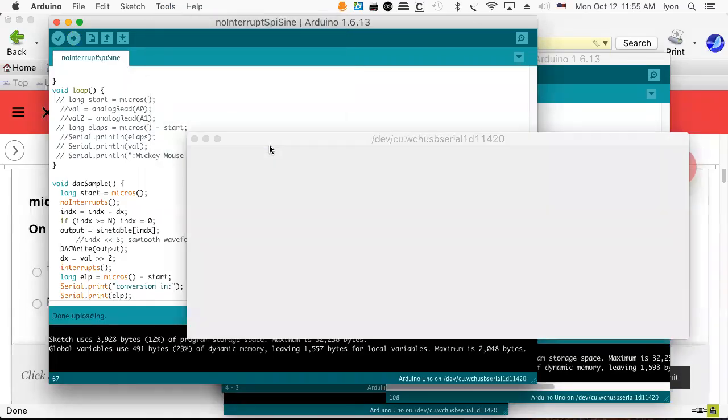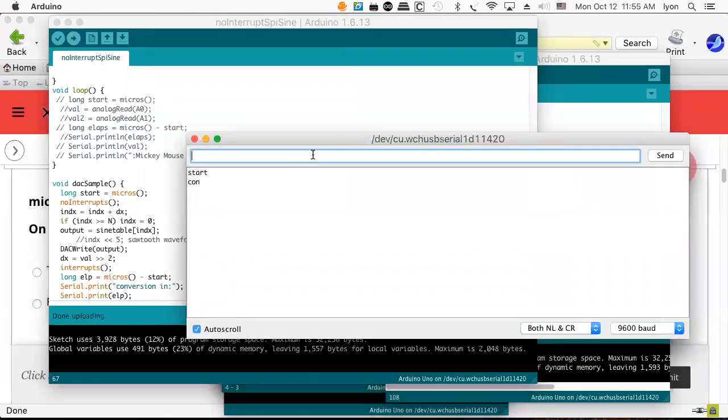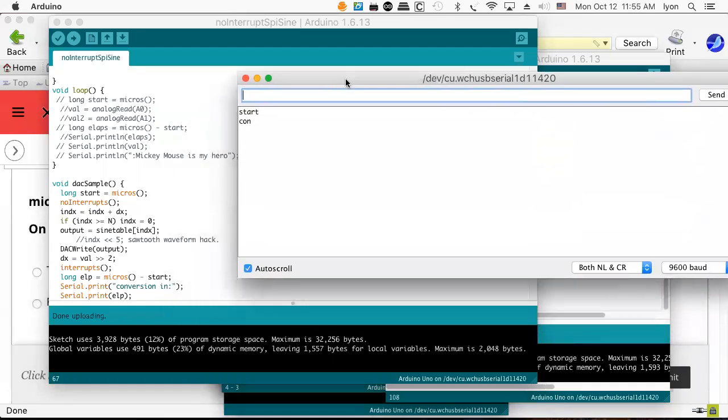I want the serial monitor, and it didn't print anything. What's going on? It printed start and then it printed con.